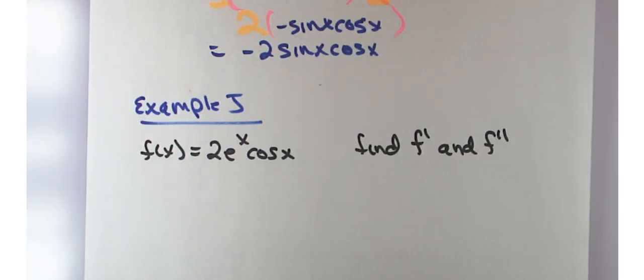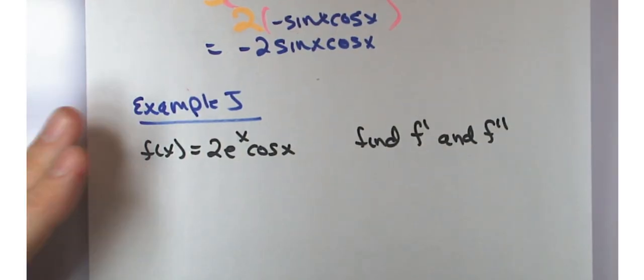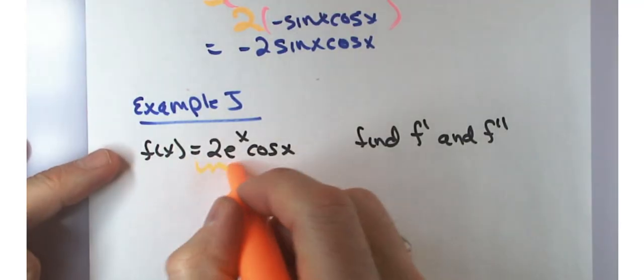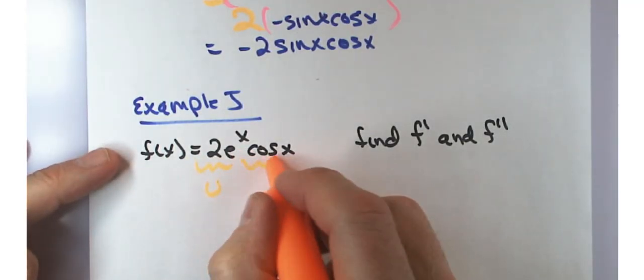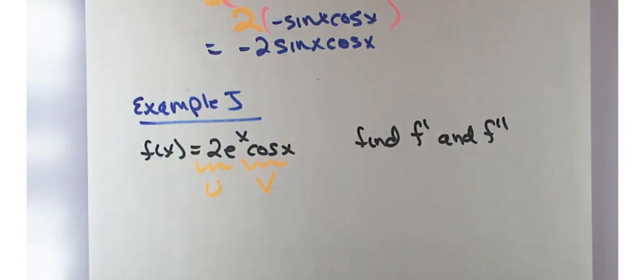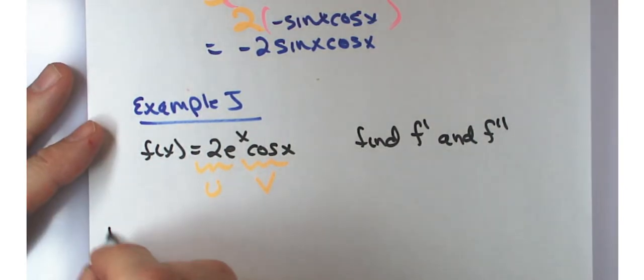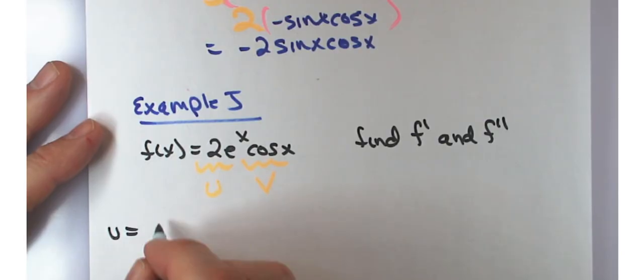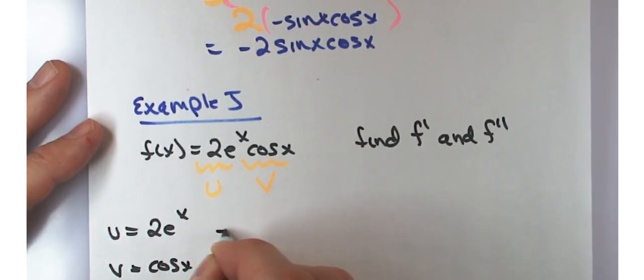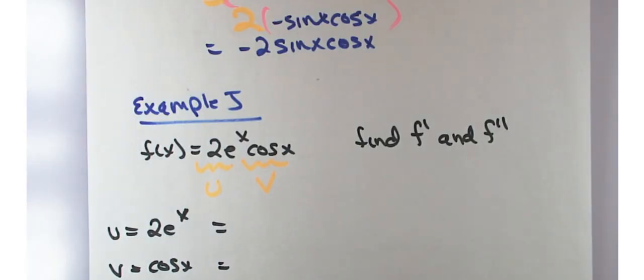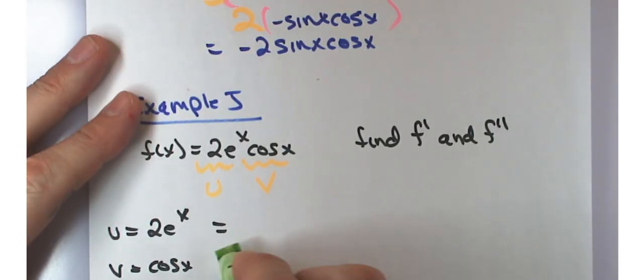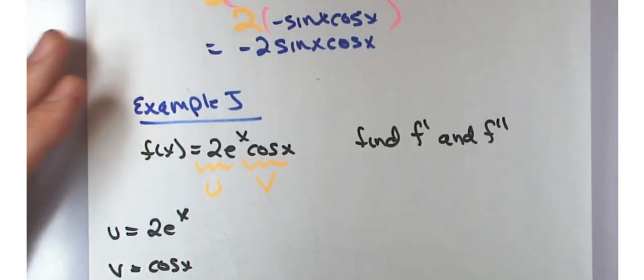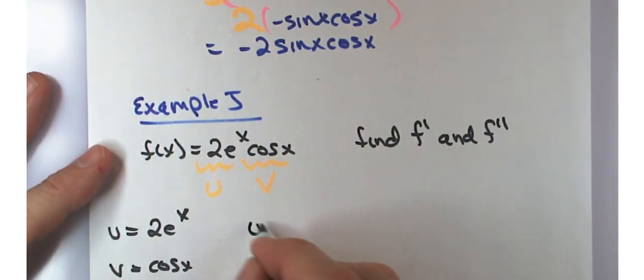So what rule do I have to use to differentiate this? Product rule. Nice. So I'm going to let that be my u, and that's going to be my v. Nice. So help me out if you would. What's the derivative of u, and what's the derivative of v? Charles, maybe you can help me out. What's u prime going to be? Is it just 2e to the x?